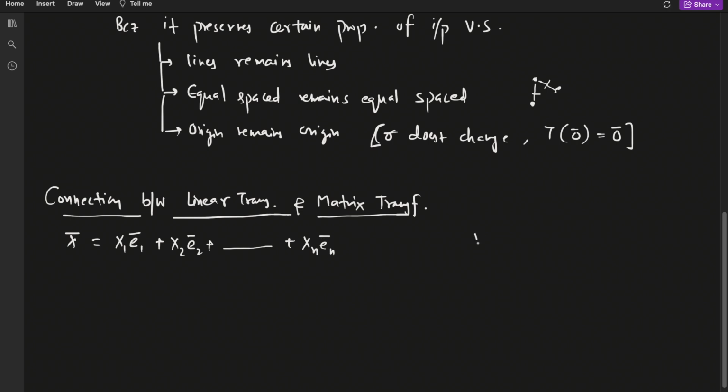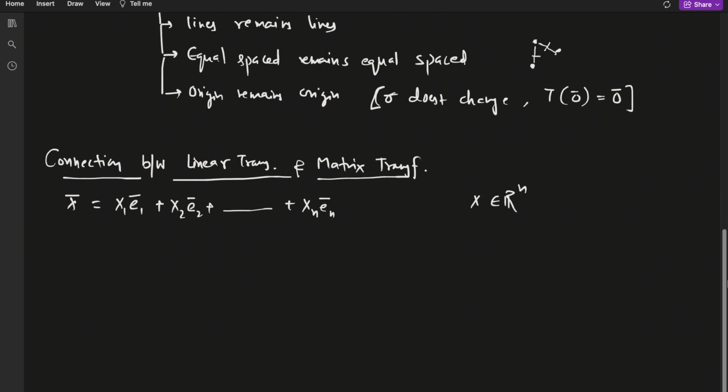Here x belongs to Rn. If x belongs to R2, then it is in the xy plane. If x belongs to R3, then it is in the xyz space. For generality, I just take x belonging to Rn, which could be anything.